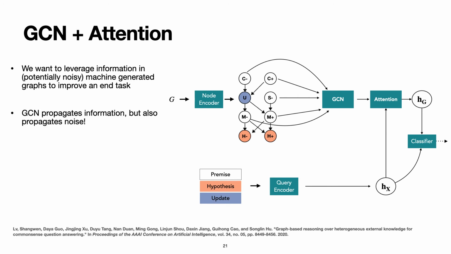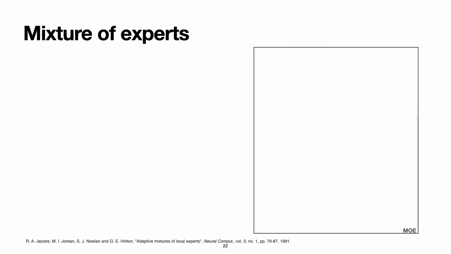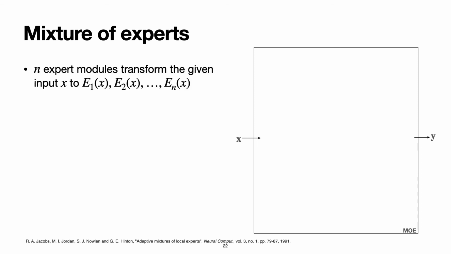Well, this is good, but the graphs are machine generated and GCNs propagate information, but in this case, they could be propagating a lot of noise. And recall, we want to pick and choose, which is not happening here. So to remedy this, we use MOE, mixture of experts. It's a module where X is the input and Y is the output. So let's see what's going on in here.